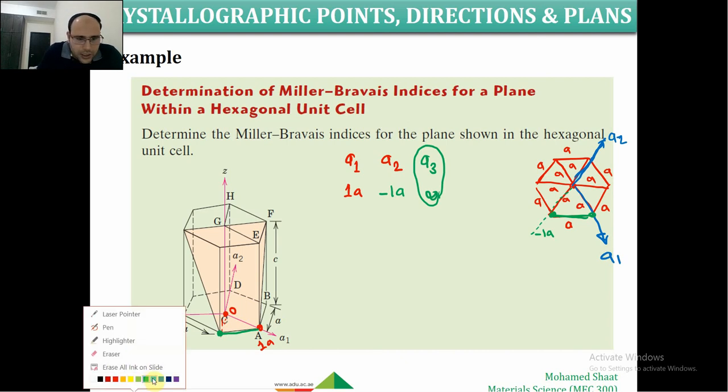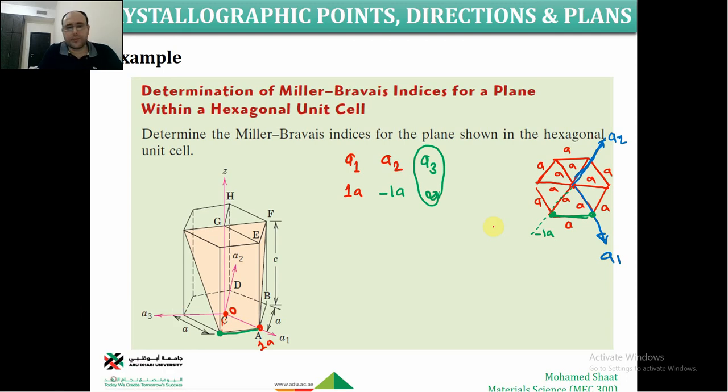What is the intercept of this plane with the Z axis? So this is the Z axis, and this is the plane. It is going to intersect with the Z axis at point G. As you can see, starting from this edge down here, it goes up until it intersects with the vertical axis, which is standing.